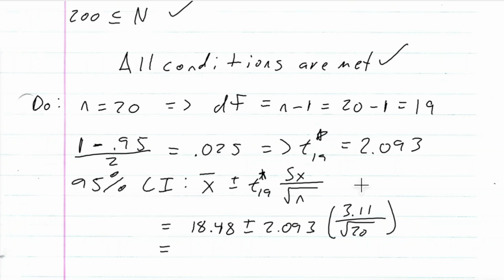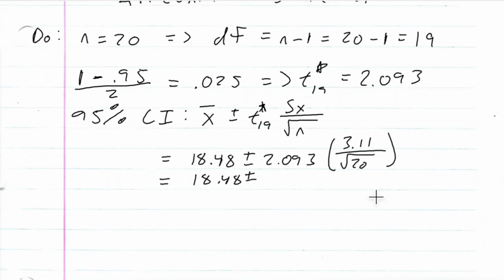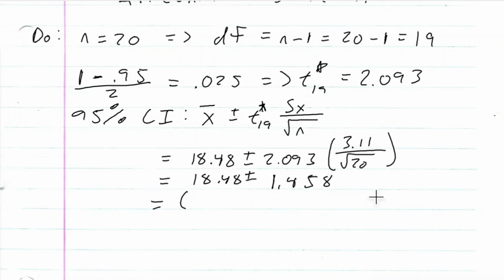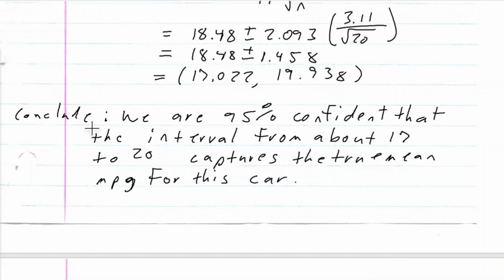This gives us 18.48 plus or minus 1.458, and now this gives us our interval of 17.022 and 19.938. Okay, so here's our conclude. We are 95% confident that the interval from about 17 to 20 captures the true mean miles per gallon for this car.